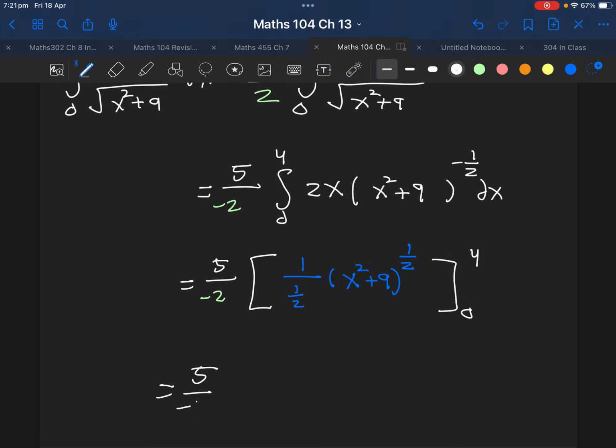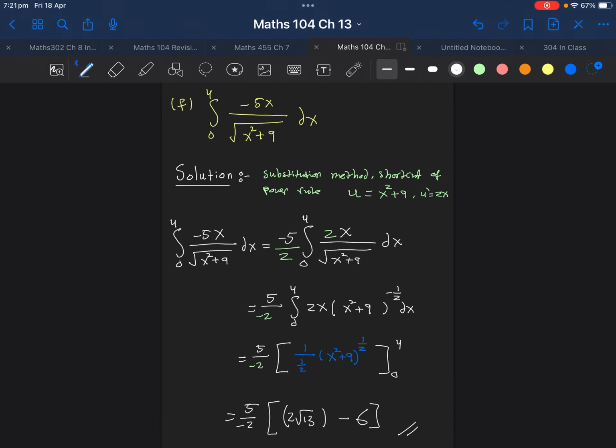So the final answer will be 5 divided by -2. If we substitute 4, we'll get 2 square root of 13 minus, if we substitute 0, we'll get 6. Whatever this number is, we just need to keep it as is.